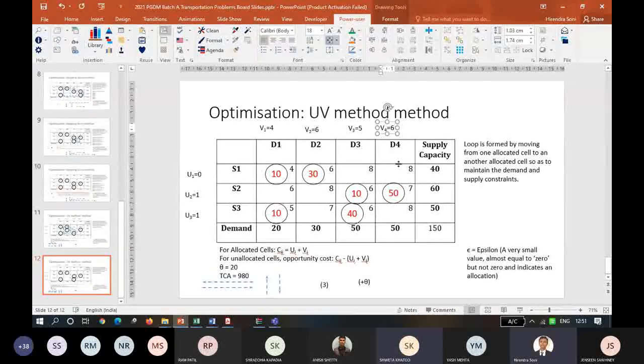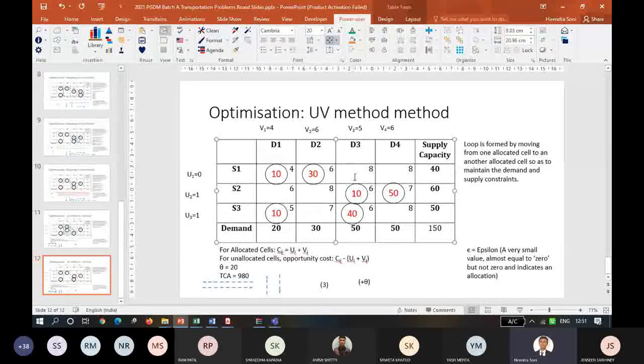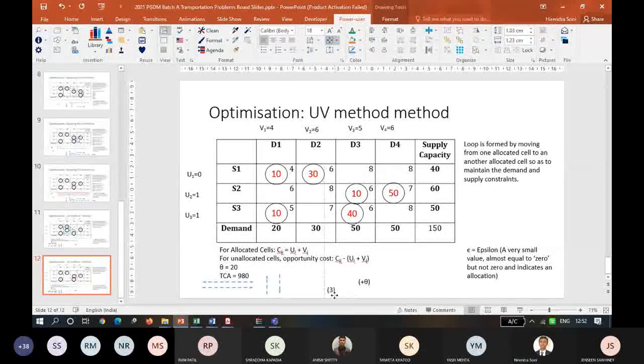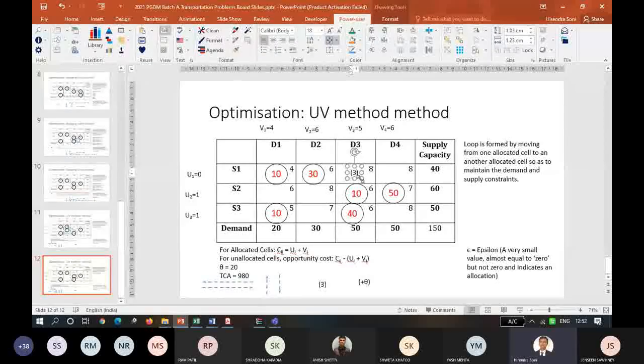Yes, sir. After getting all the values for U and V, we'll start doing the calculations for unallocated cells. So हम पहला वाला लेते हैं. So what will be the value here? 8 minus 0 plus 5. 8 minus 0 plus 5 is 5. 8 minus 5 is 3.